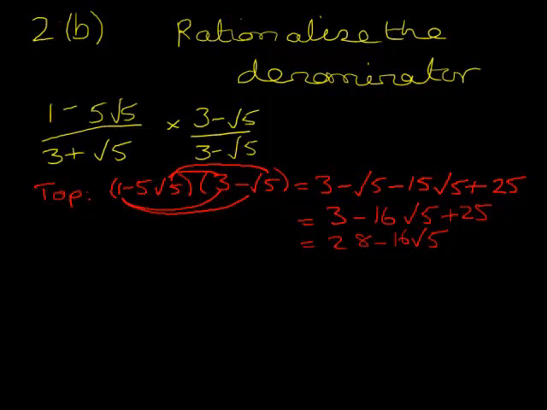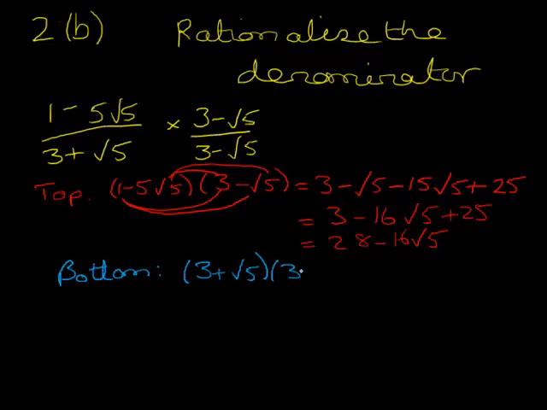And let's sort the bottom out. The bottom is easy to sort out because the terms involving root 5 cancel. So all we need to do is multiply the first by the first and the last by the last to give us 9, take away 5, which is 4.